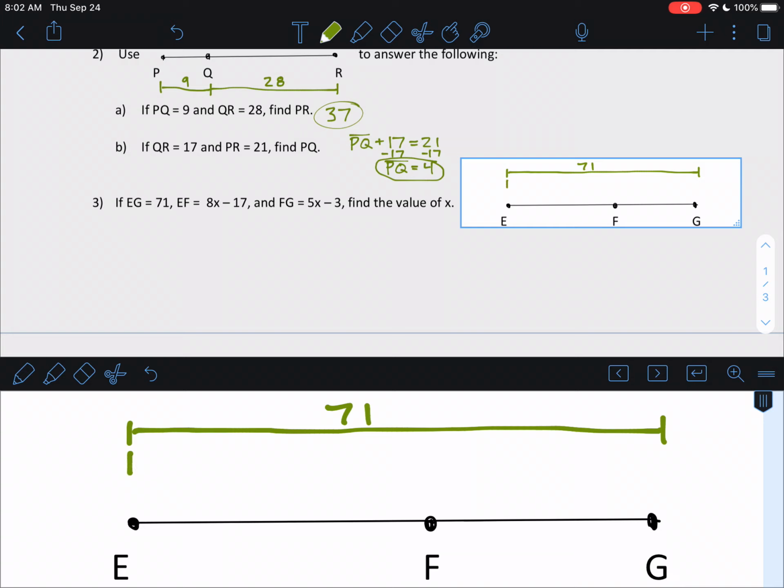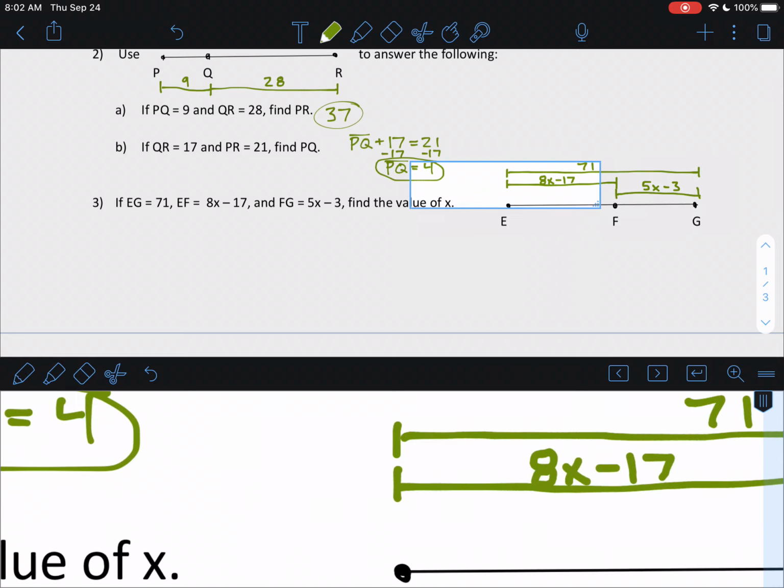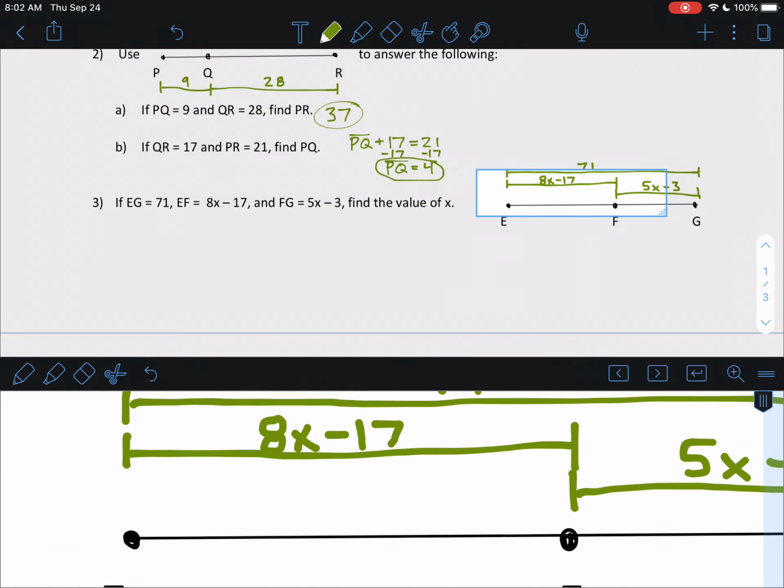Okay, I can do that. So 8x minus 17. And FG is 5x minus 3. So this distance here is 5x minus 3. All right. It wants us to find the value of x. So what I'm going to do is I'm going to use my segment addition postulate.